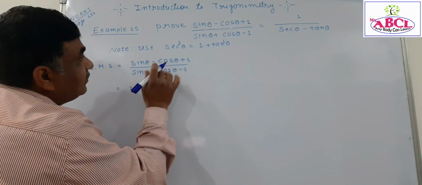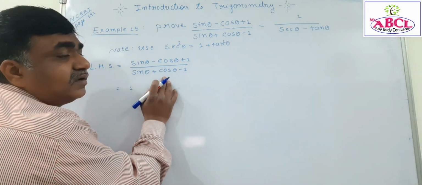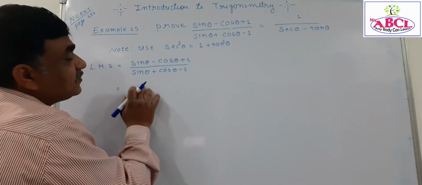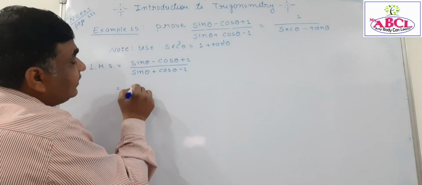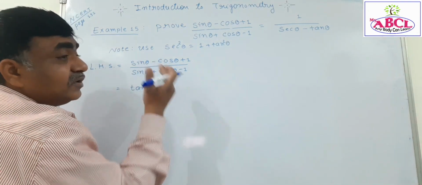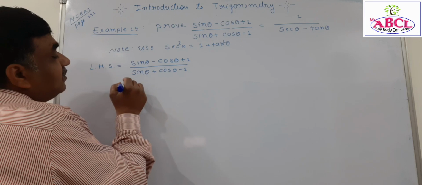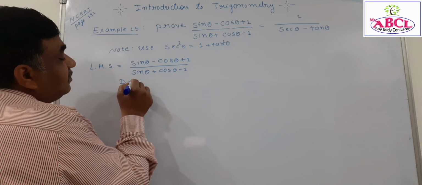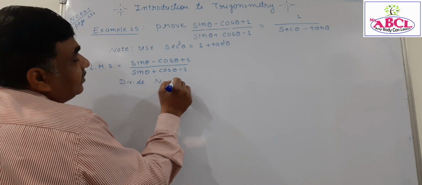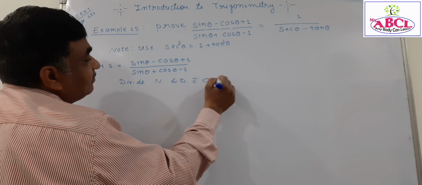Sorry, cos upon sin would be cot. So I cannot divide it with the sin, I have to divide with the cos. Sorry. Sin upon cos would be tan theta, and you can see I need the answer in tan, so I am going to divide with the cos, not with the sin. I am going to write it over here: divide numerator and denominator with cos theta.